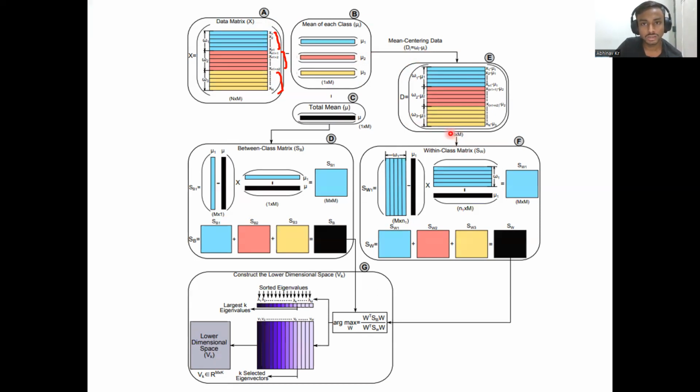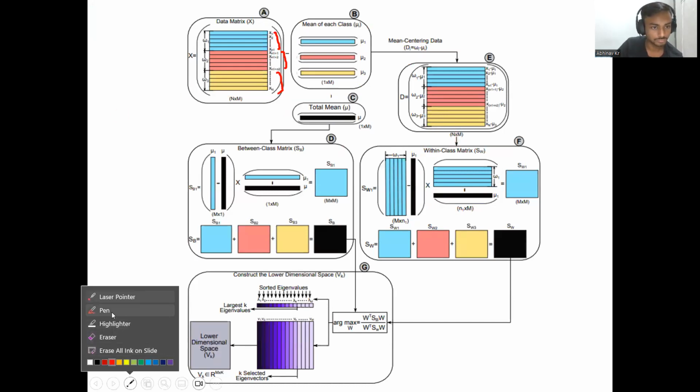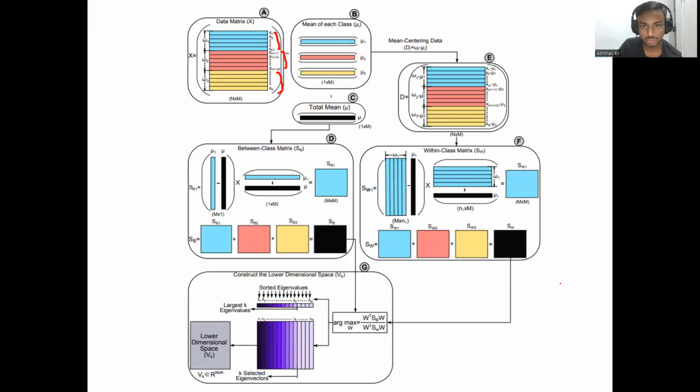And then we can calculate the within class matrix, that is SW, by using W1 minus mu1 transpose into W1 minus mu1. This is how we calculate the variability within classes, and we add the variability of each class and sum them to form SW.